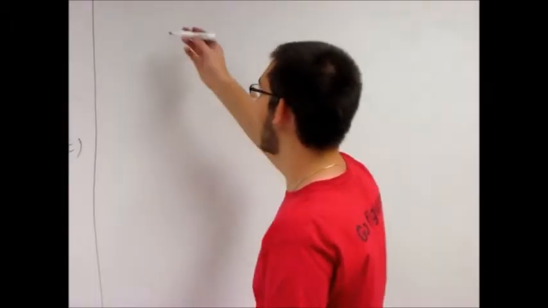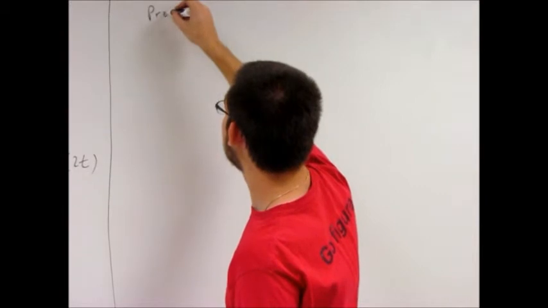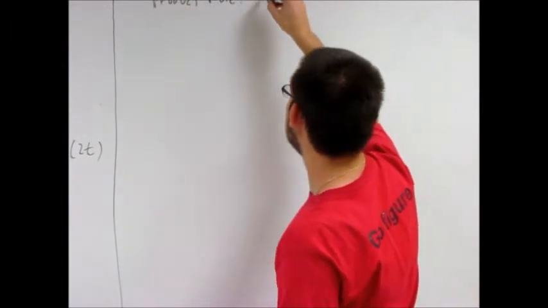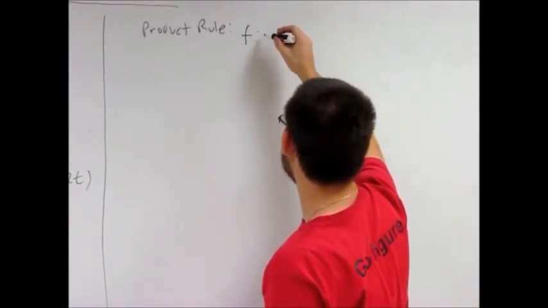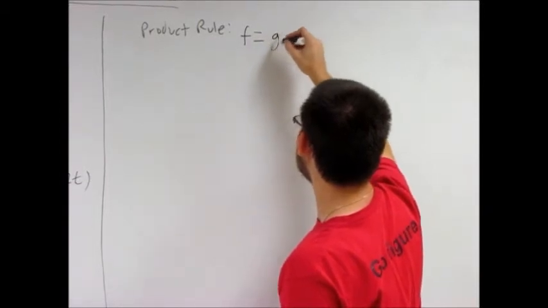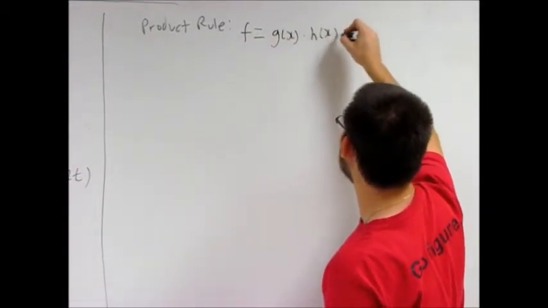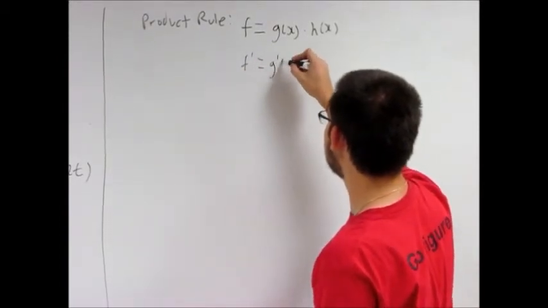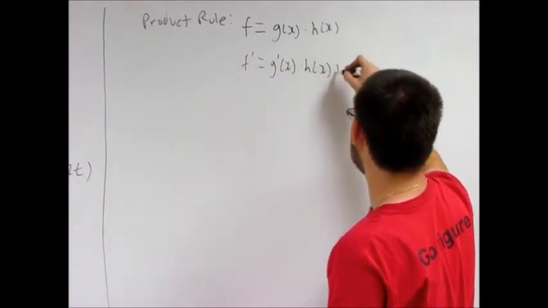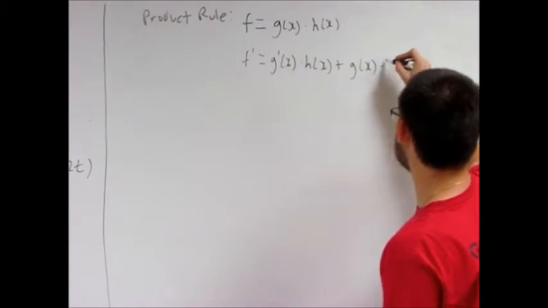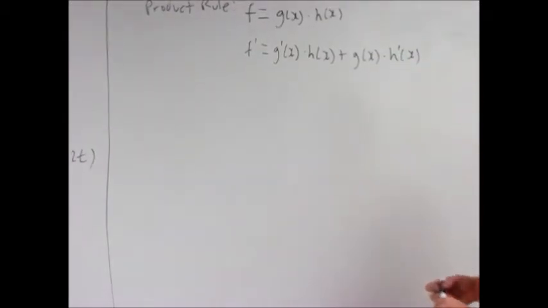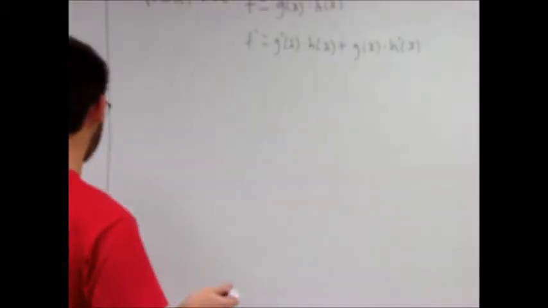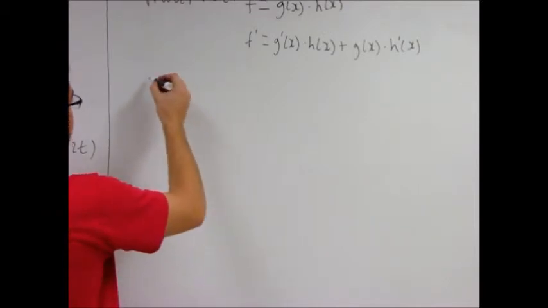If you remember from single variable calculus, product rule states that if your function is, let's say, g of x times h of x, then the derivative would be the derivative of the first times the second plus the first times the derivative of the second. And we can prove this using the multivariable chain rule. So here's a quick proof.